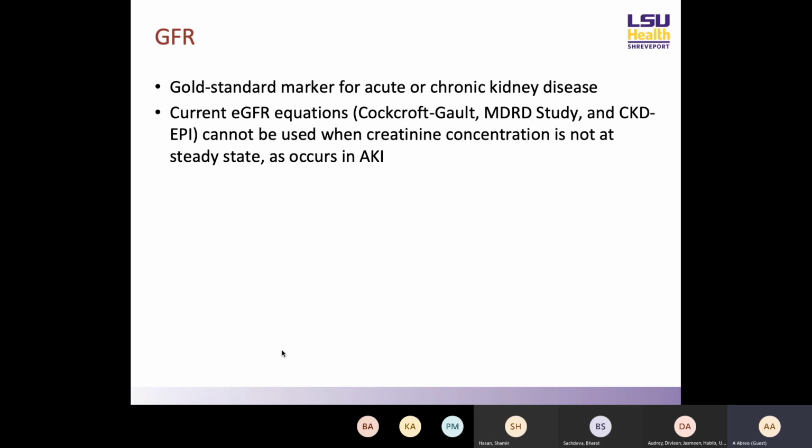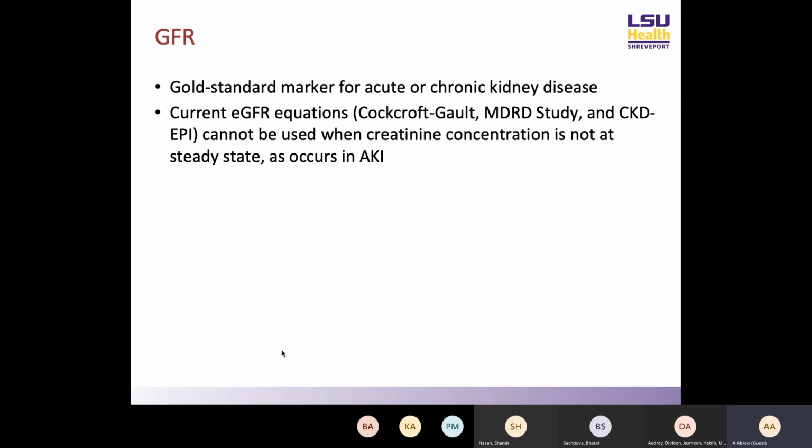You could ultimately have almost zero GFR, but it's going to take some time for the calculated GFR to get down that low. So on day 2, you may be dealing with an absolute GFR of 0 in a patient, but your calculation may not reflect that. So always be aware that these calculations cannot really be used when you're not in steady state, as in AKI.